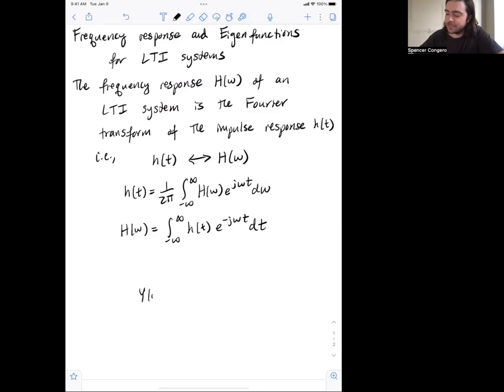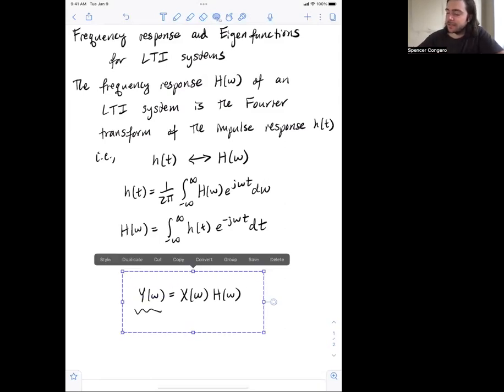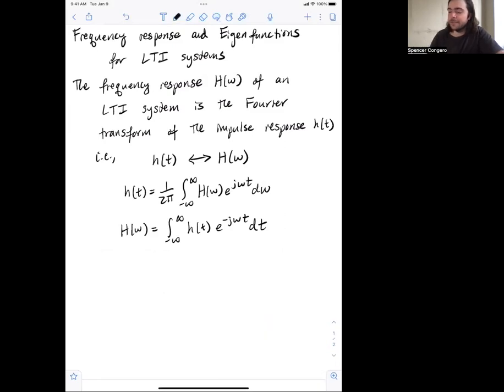I think we saw this in a previous video. The output Fourier transform is the input Fourier transform times the frequency response. Then you can just take the inverse Fourier transform to get back to time. So we'll see these two main techniques in the next video. But for now, we're just focusing on the frequency response here. That was just a little preview.